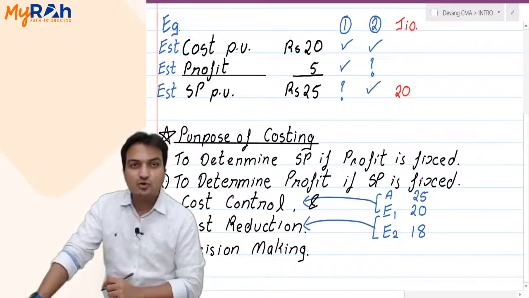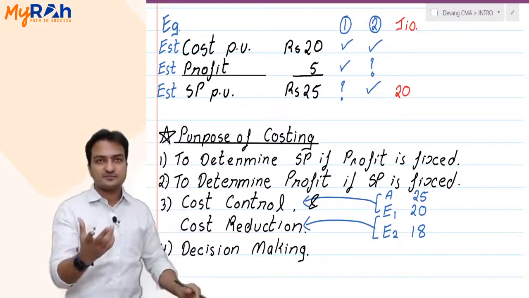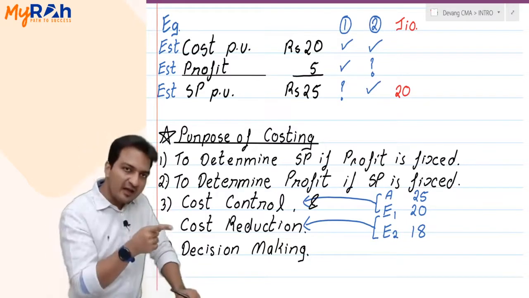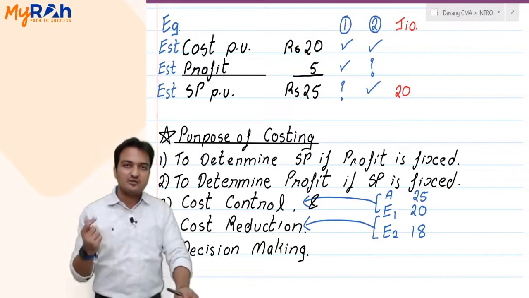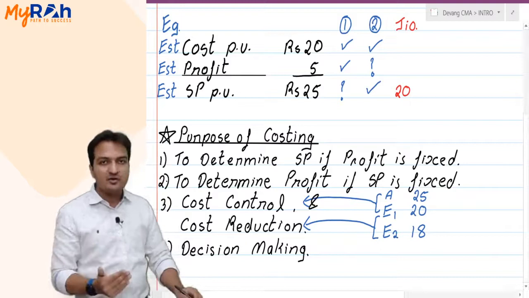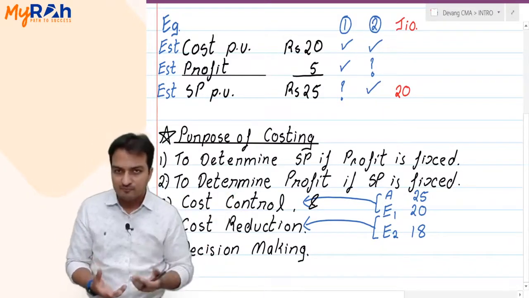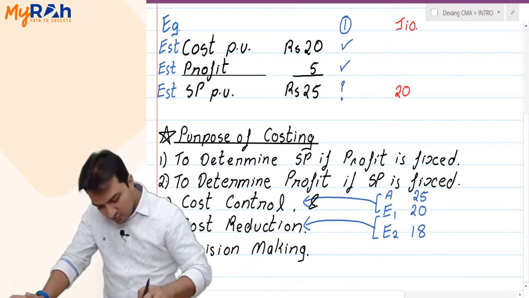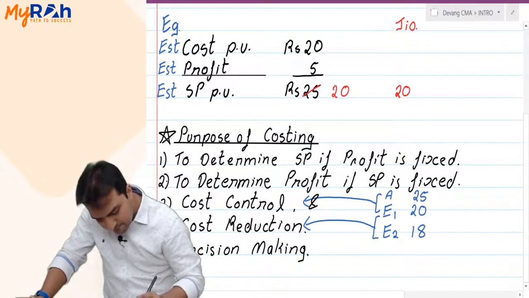If Jio is selling at 20, for me 20 was the cost. No option, I also need to bring my selling price down to 20, because otherwise my customers will start buying from them instead of me.